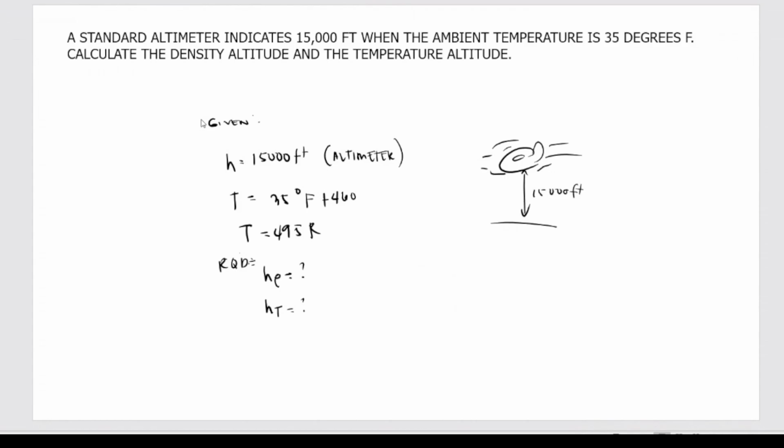So first, ang gagawin natin is from the given, makukuha natin yung density. So magre-reverse engineering tayo. Dito, meron kang 15,000 feet. Kunin muna natin yung pressure at 15,000 feet.